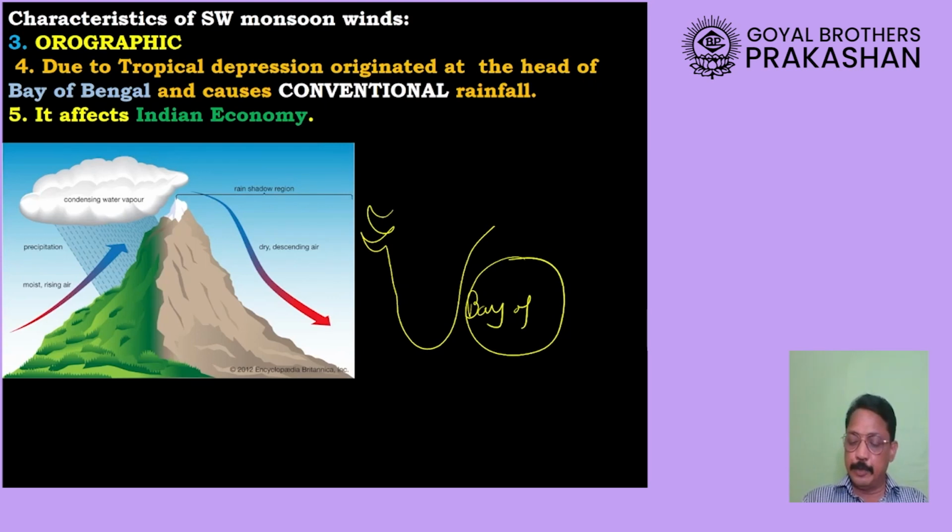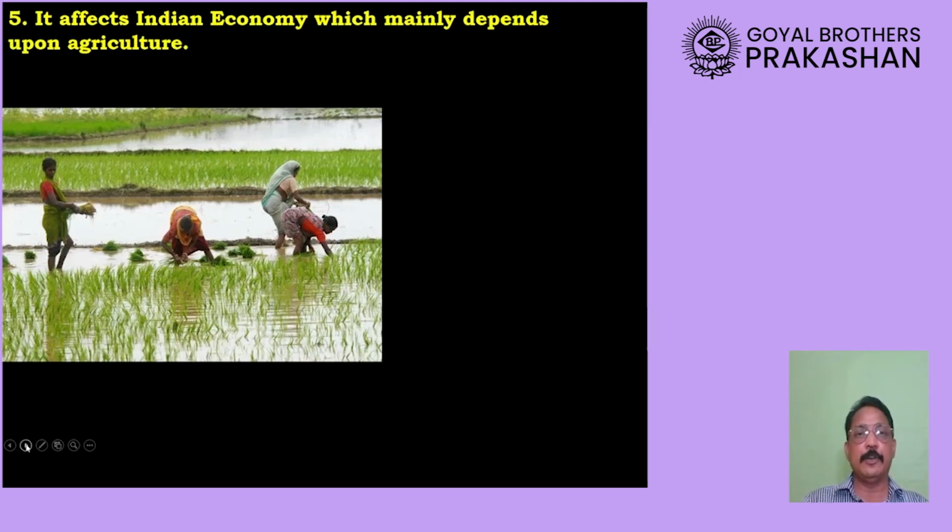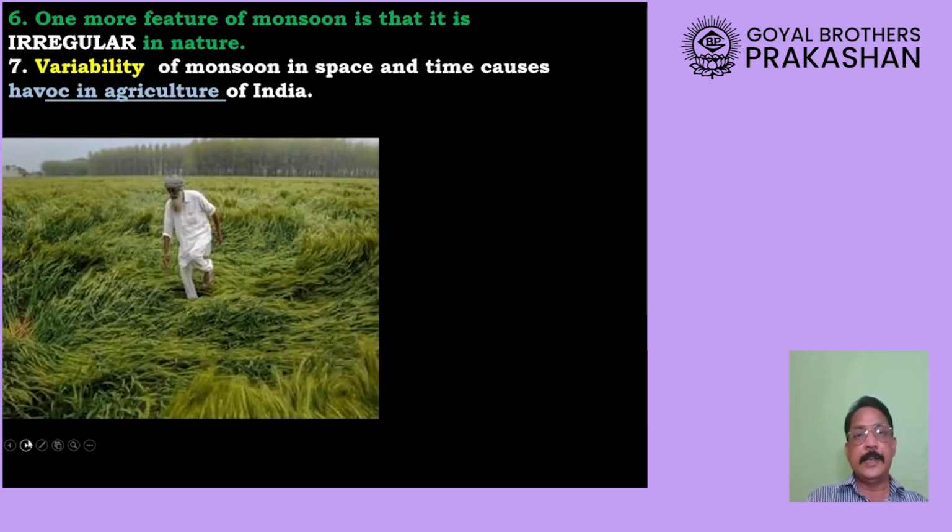Now, as you people are aware, our country's main occupation is agriculture, and agriculture mainly depends upon the Indian monsoon. Therefore, this Indian monsoon greatly affects the Indian economy, which basically depends upon agriculture. The next characteristic is that rainfall in India is irregular.